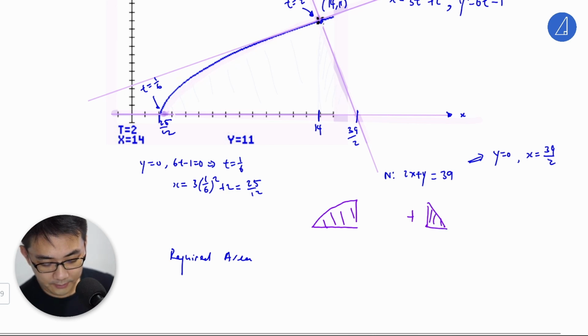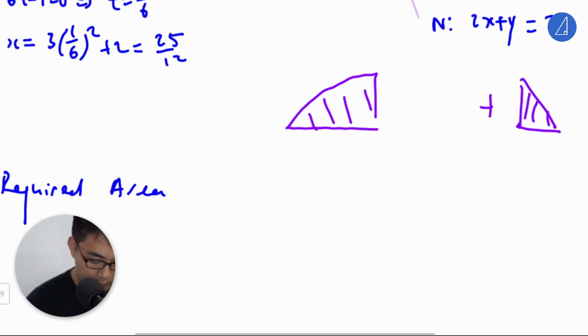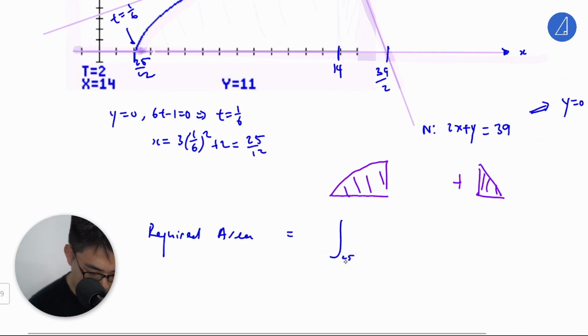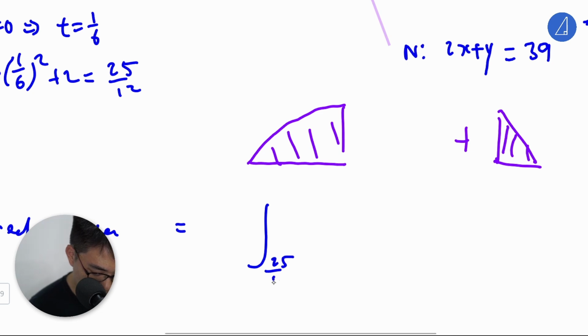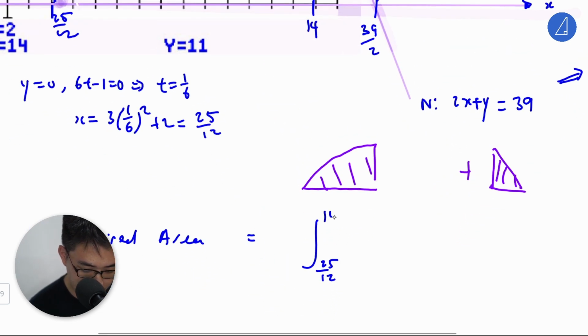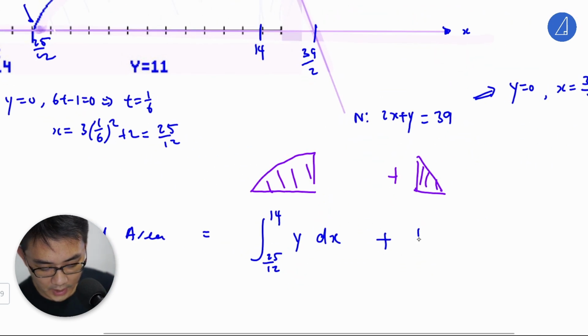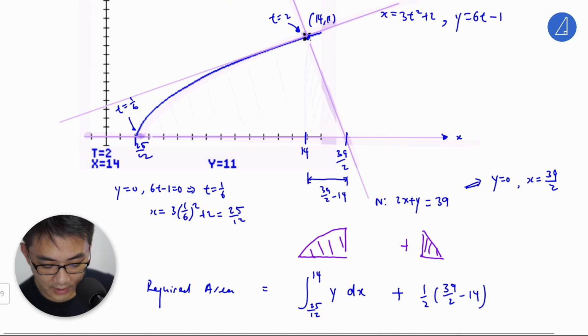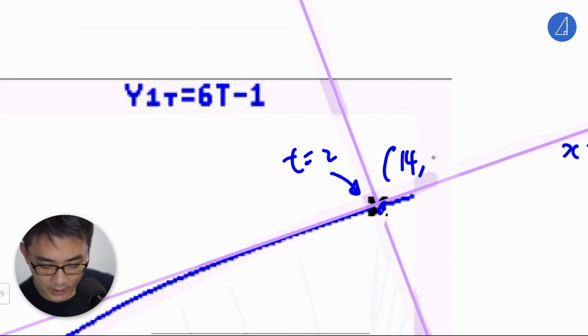Then we're going to start off with integrating from 25 over 12 to 14 of y dx, plus it'll be half times base. The base here would be 39 over 2 minus 14. And the height would be 11, right? The height here is 11 units.